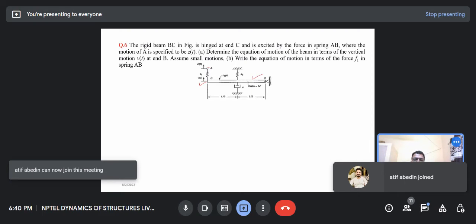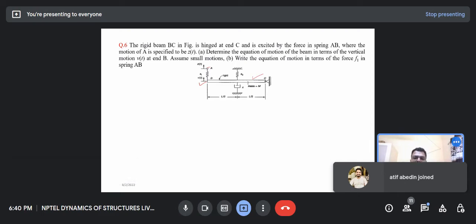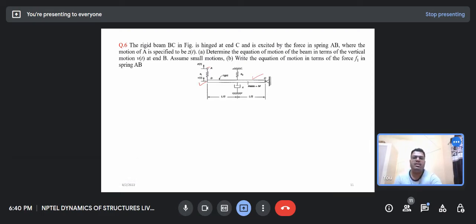We have to determine the equation of motion in terms of vt. If we have a beam with a spring k2 here, a damper c here, and a hinge at this point, and there is a vt displacement, the beam will deflect like this, so there is a theta here.